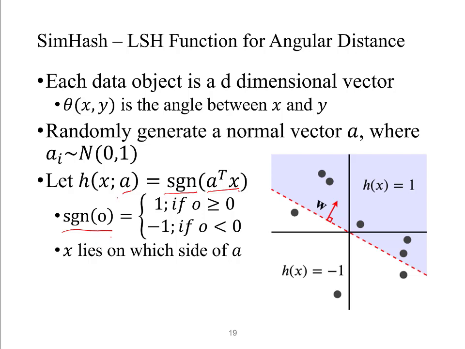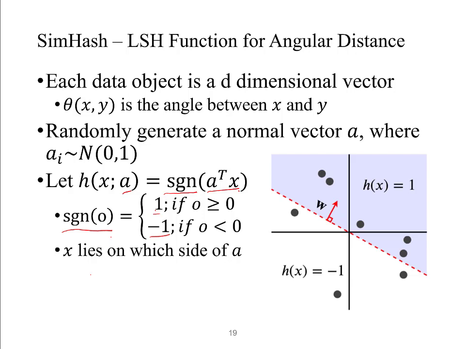So here the sign function, if the input is larger than or equal to 0, then the sign function returns 1, and if it is smaller than 0, meaning it is negative, then the sign function returns minus 1. Okay, so the hash value would be either 1 or minus 1. So it's a binary case.